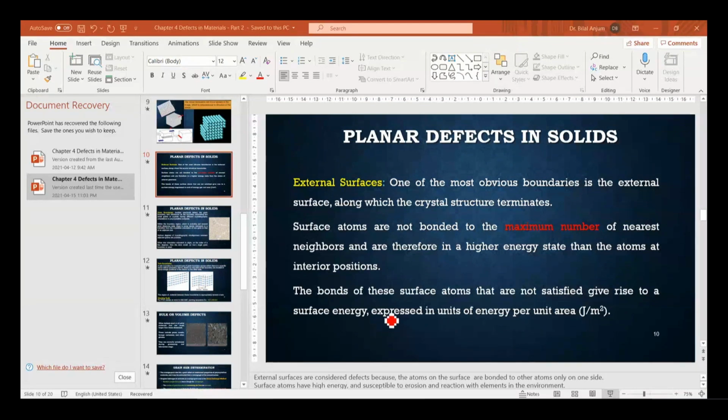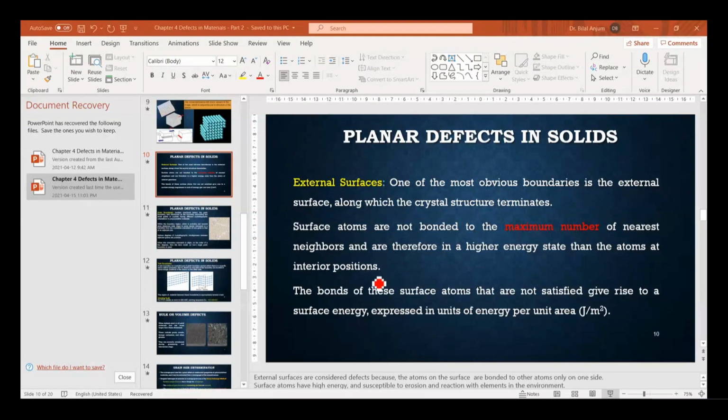An atom situated over here in the center would have an atom in this direction, in this direction, in this direction, in this direction. So it would have the maximum number of nearest neighbors possible, and the forces acting upon this atom would be balancing each other.